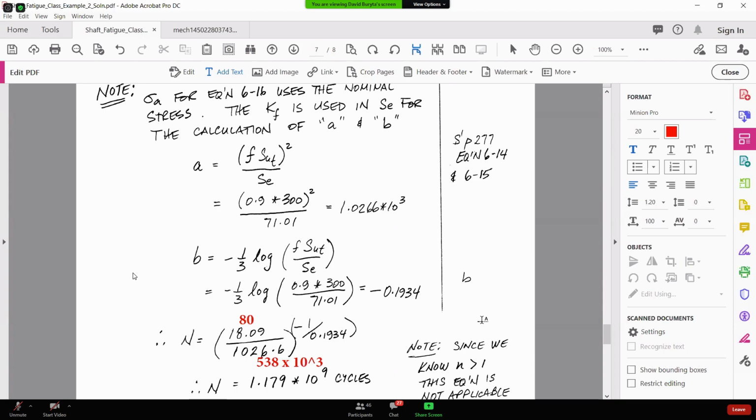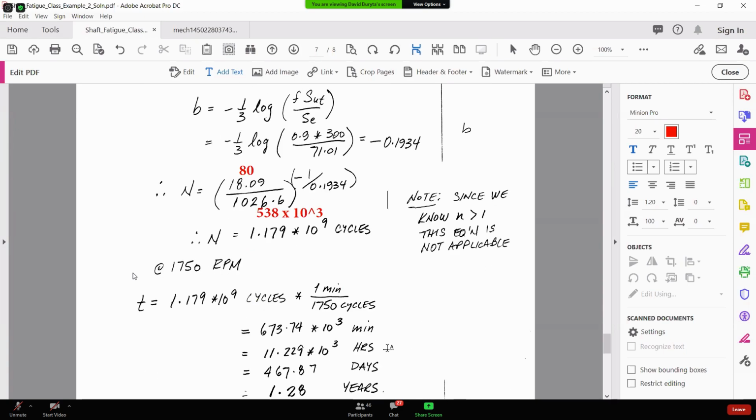So it's not going to have infinite life, right? And this equation, this S_f equals aN to the b, only works if you get a factor of safety less than 1. So if I had this many cycles, we can figure out, let's say this shaft was running on an electric motor at 1750 RPM.